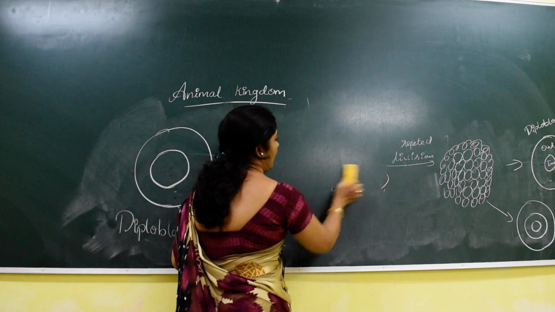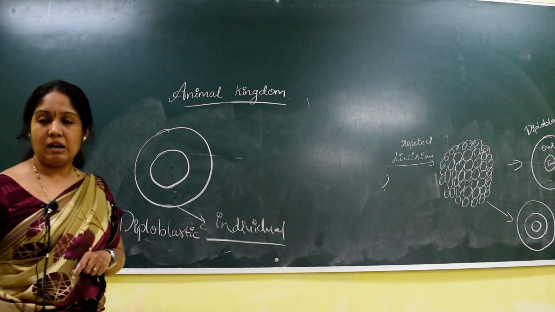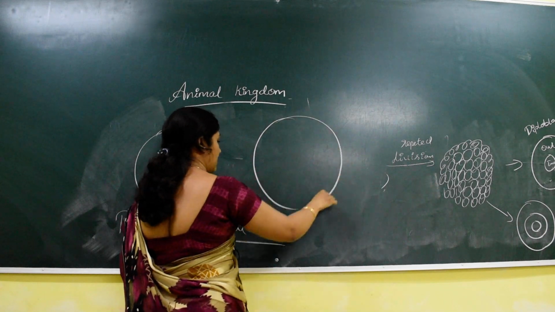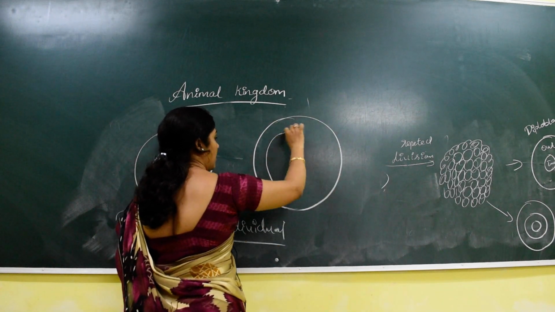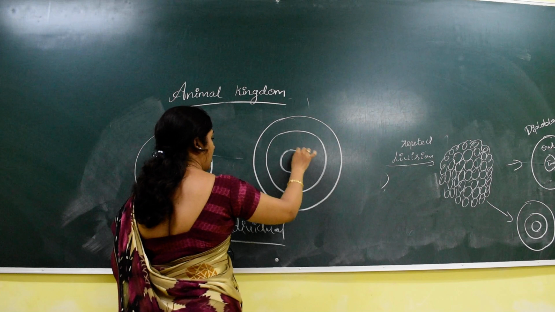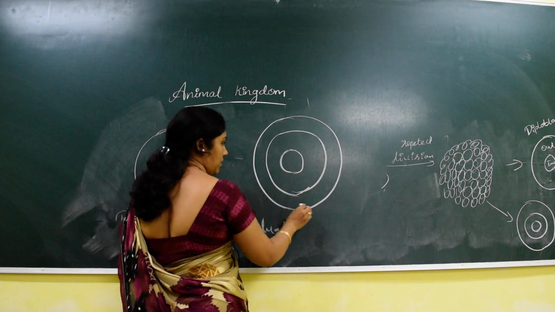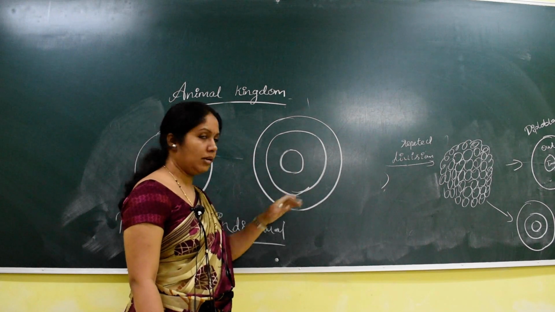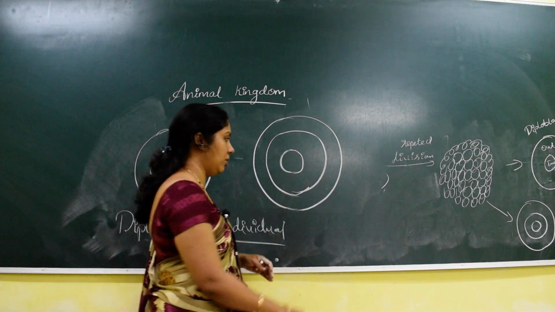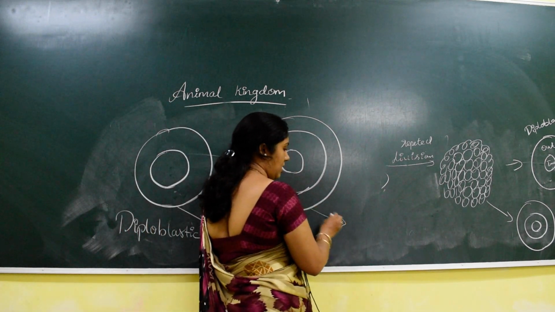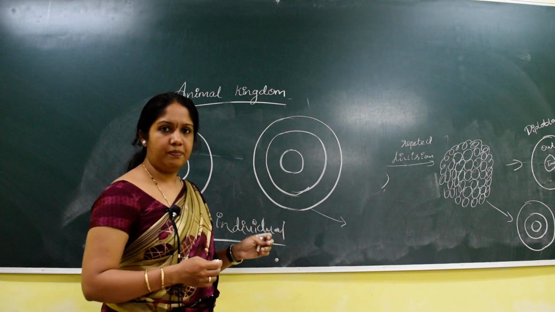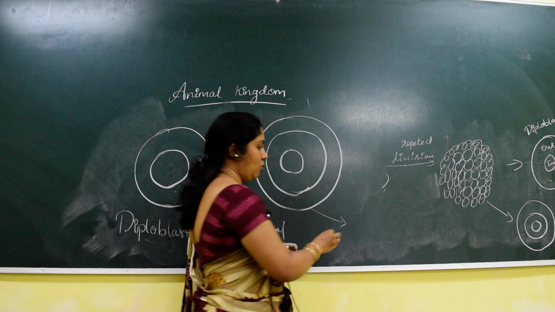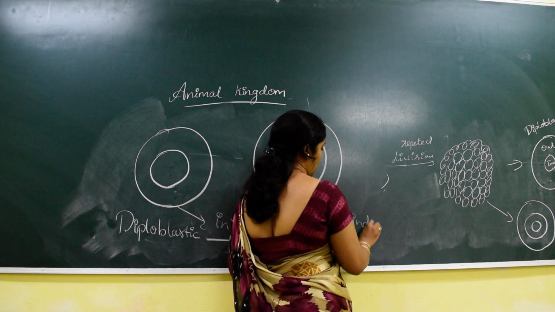Next, if the organisms arise from three germ layers, then these three germ layers give rise to the different body parts, or develop into different body parts to form one new individual.